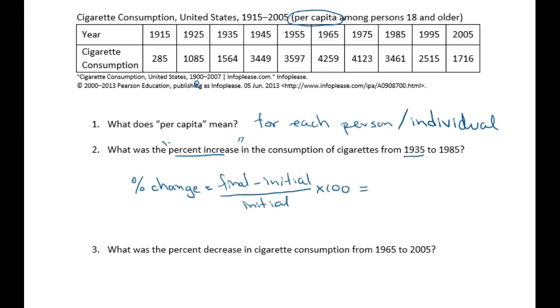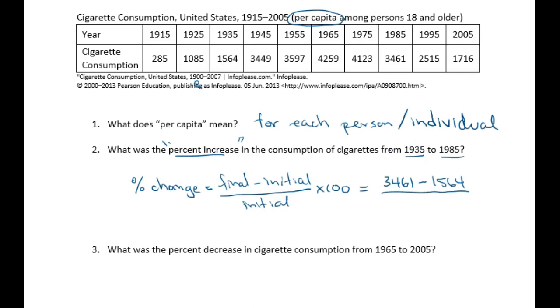We would like to know from 1935, which is our initial, to 1985, which will be our final. So 1985 we have 3,461. In 1935 we had 1,564. And we're dividing by what it used to be, our initial, which is 1935.